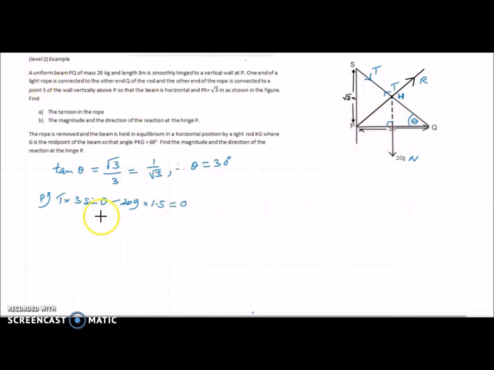Now we equate this algebraic sum of the moments to 0. That is one condition. This is equal to 3T sine theta.